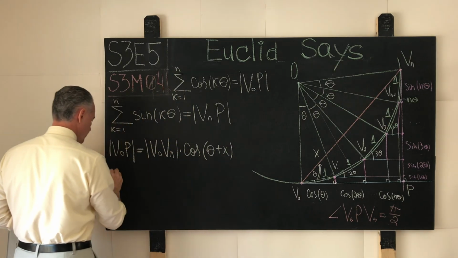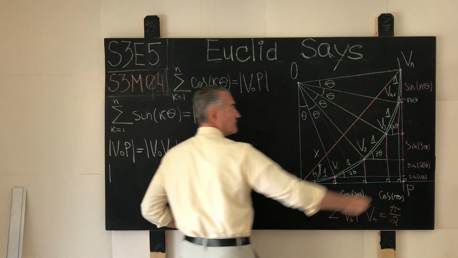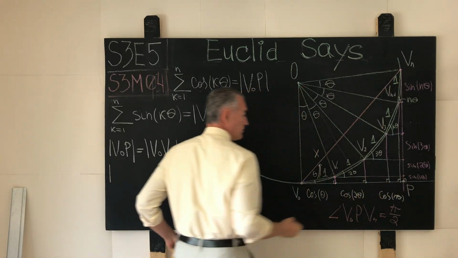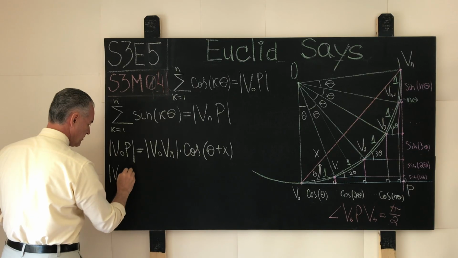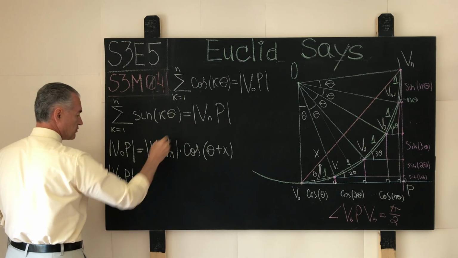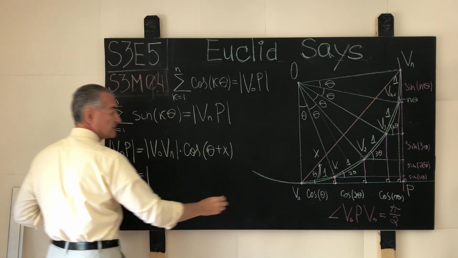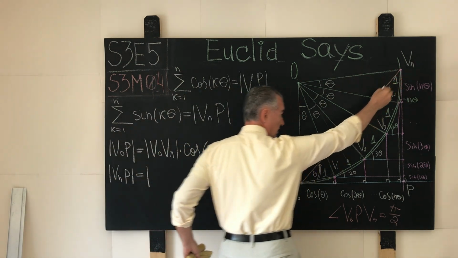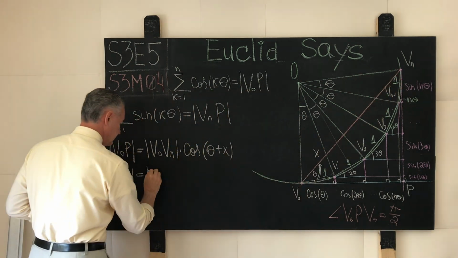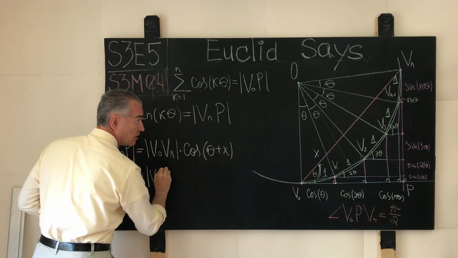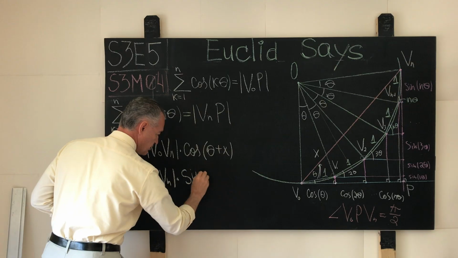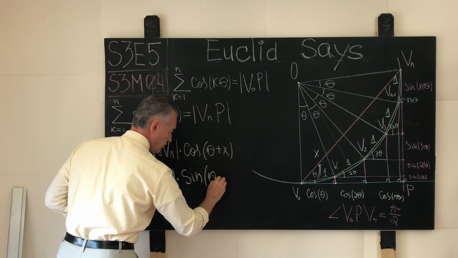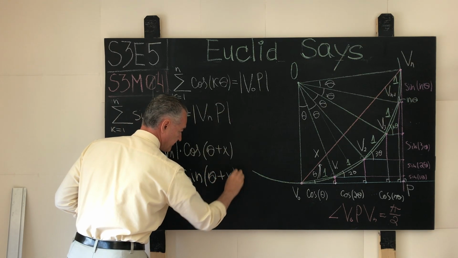And what do we have for the length of the line segment PVn? This is this sum right here. We have exactly the same length of the same hypotenuse, V0Vn, times the value of the trigonometric function of sine evaluated at the angle theta plus x.